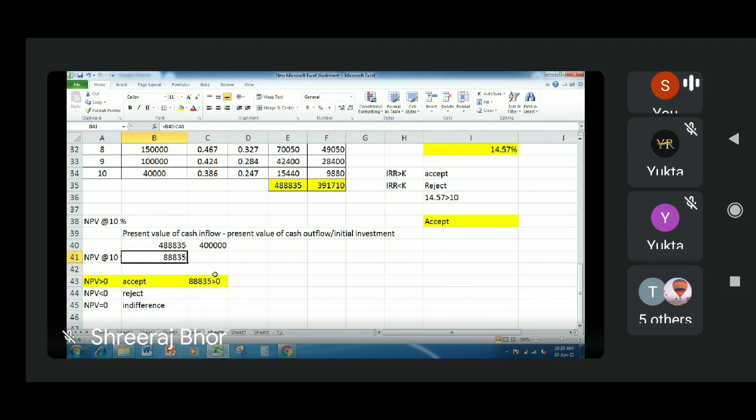It shows that we are getting more amount than our investment. Logically we can identify: we have invested 4 lakh rupees, and if we are getting 4 lakh 88 thousand, it means that definitely we are getting a higher amount. So if we are getting a higher amount, then we can accept this project. So this is what it is all about for the first case of the NPV.